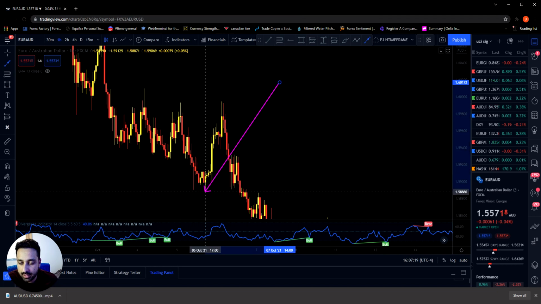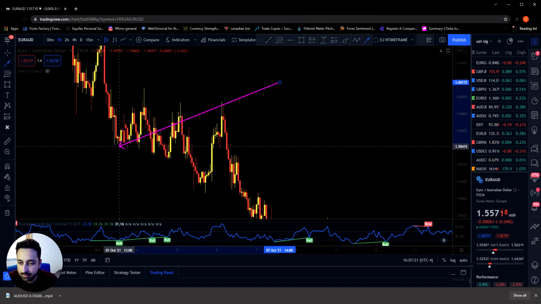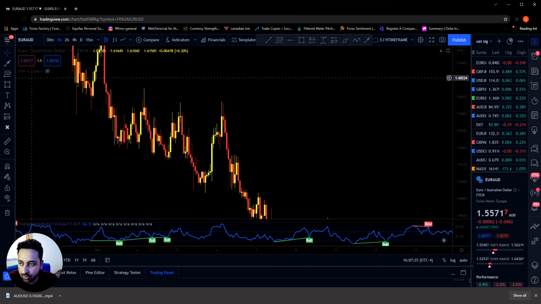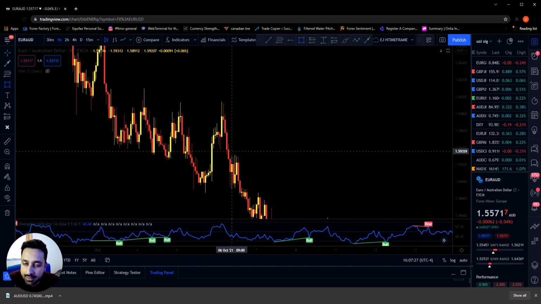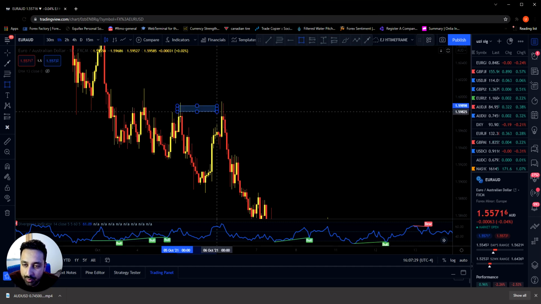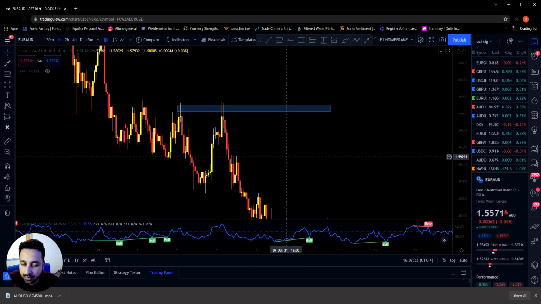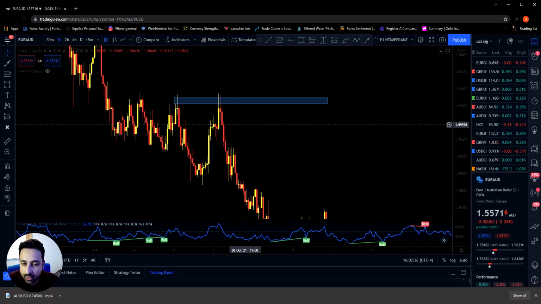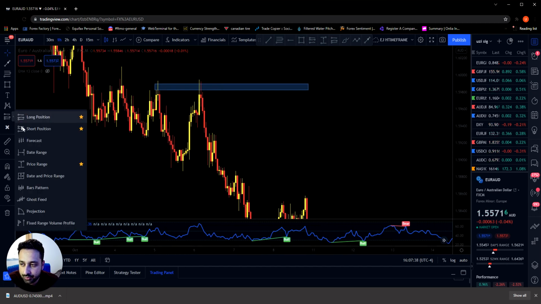Strong impulse to the downside breaks all of this market structure, pulls back, which it has to. When we go back to our 15-minute time frame, this would probably look like this, refined. And we would be able to get this really beautiful trade.